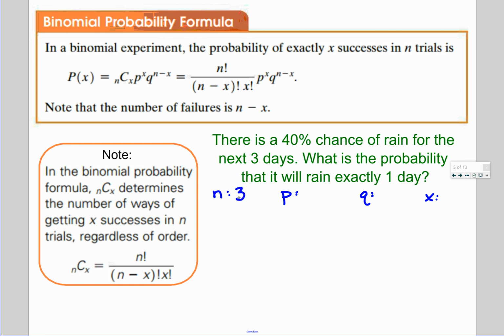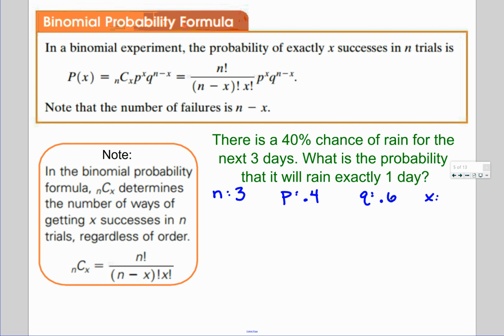What's the probability of success? And here we're talking about success, meaning it will rain. That's what we're trying to calculate. So the probability that it will rain is 40% or 0.4, which means the probability that it won't rain is 0.6. And we are trying to calculate a specific x value here.